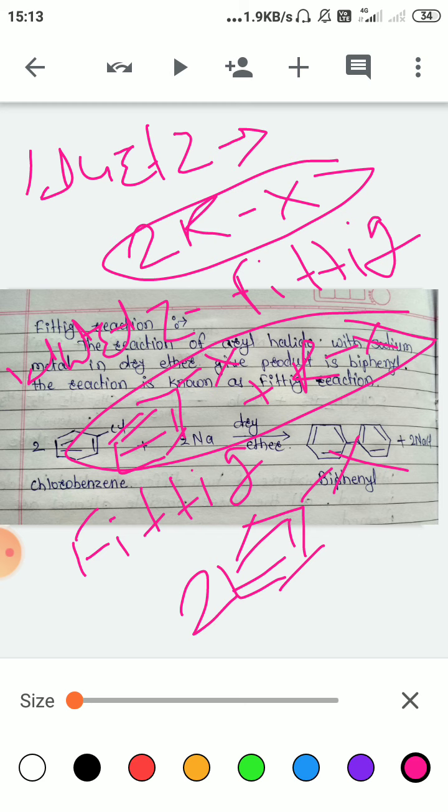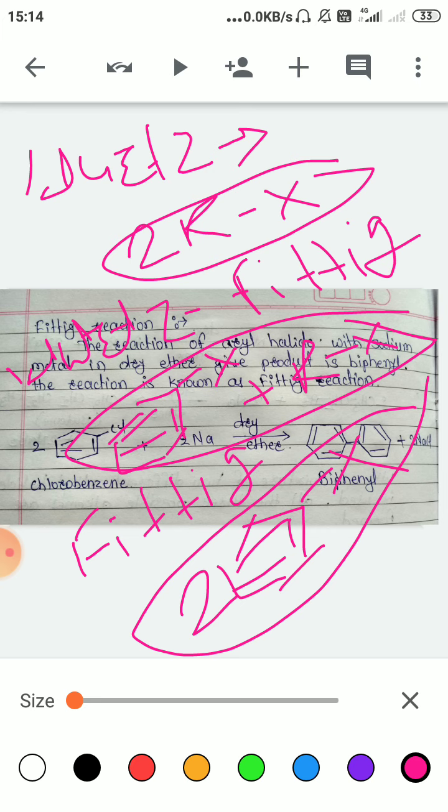For the Wurtz-Fittig reaction, 1 mole of aryl halide reacts with 1 mole of alkyl halide with sodium metal in the presence of dry ether. And for the Fittig reaction, 2 moles of aryl halide react with sodium metal in the presence of dry ether. These are the basic differences between Wurtz's reaction, the Wurtz-Fittig reaction, and the Fittig reaction.